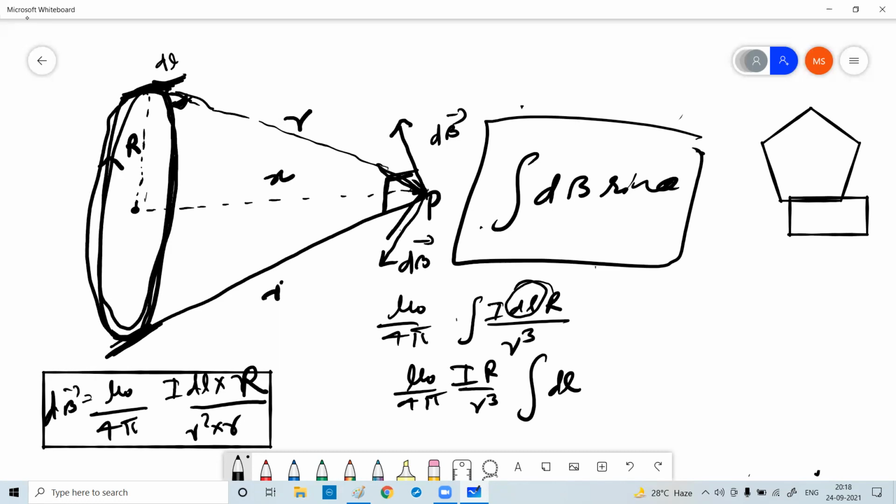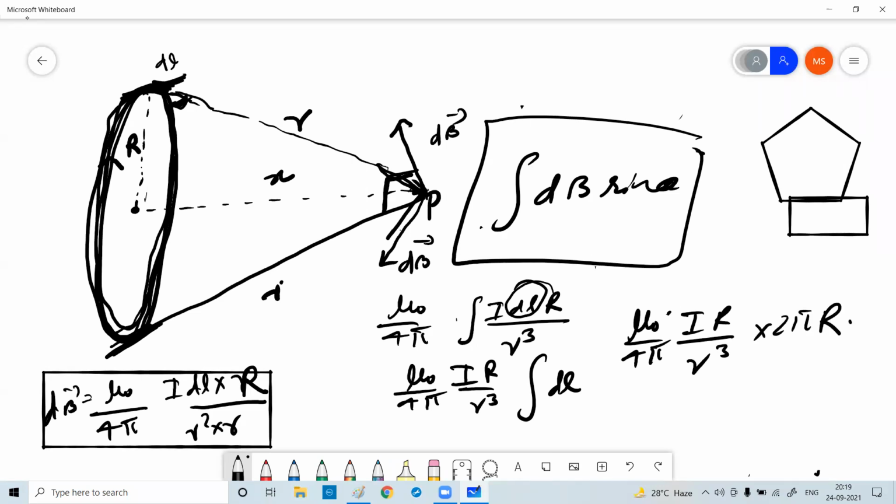It will give the circumference, or not? The total length of the circular loop will be your circumference. Yes or no? So mu naught by 4 pi into IR by R cube into 2 pi R. Do you agree with me?